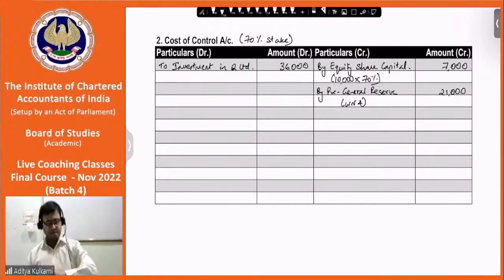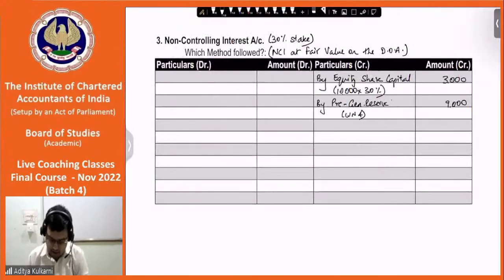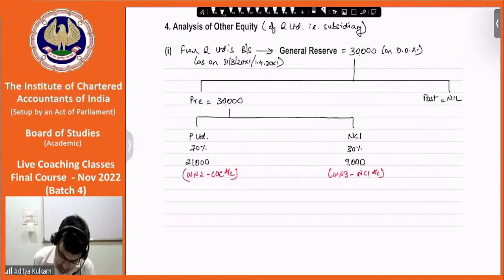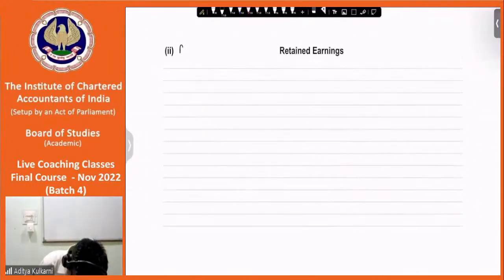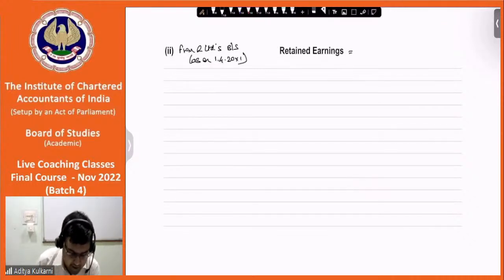Is it okay? Yes. All right. So let us then move on to the next part. General reserve is done. The next one is retained earnings. Balance in retained earnings is 10,000.